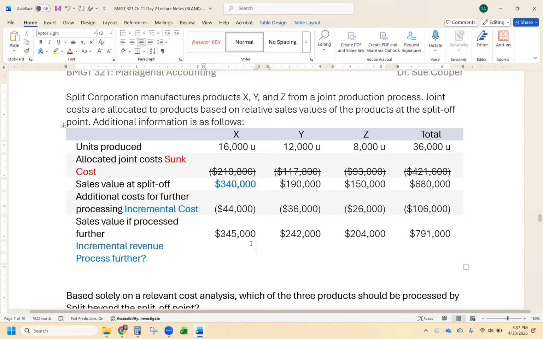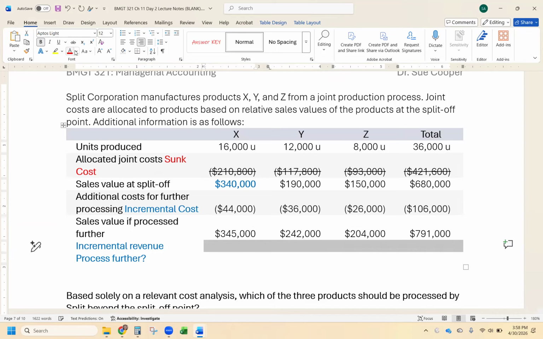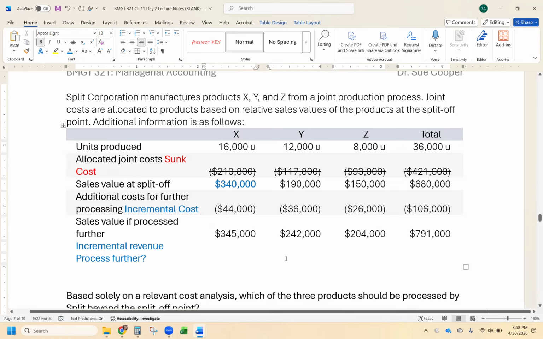All right, somebody tell me the incremental revenue for X. Nobody?